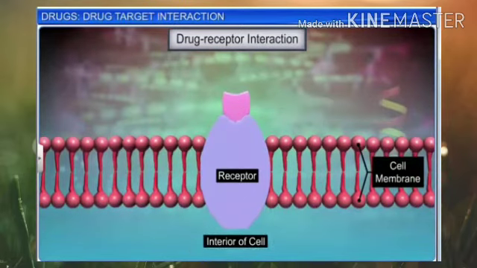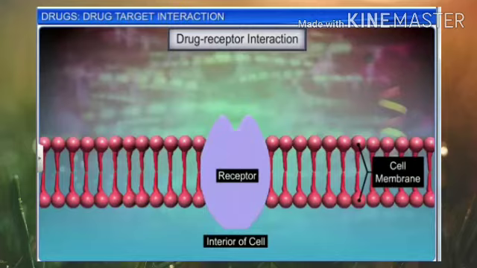Once the chemical messenger moves away from the receptor, the active site regains its original shape. Thus, the chemical messenger gives the message to the cell without entering it.